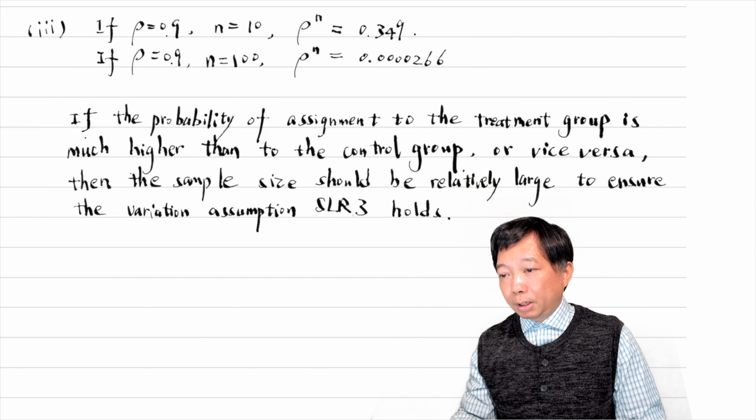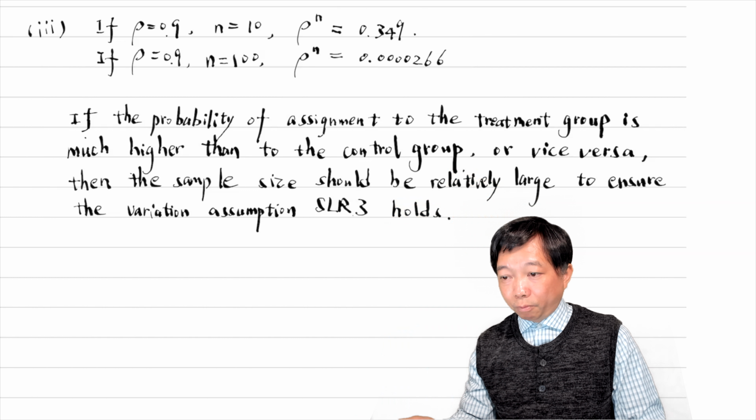Here, we suppose the probability of assignment to the treatment group is much higher than to the control group, or vice versa. On the one hand, the sample size should be relatively large to ensure the variation assumption, simple linear regression assumption number 3, holds. On the other hand, we don't need a very large sample. A sample with 100 observations is okay.